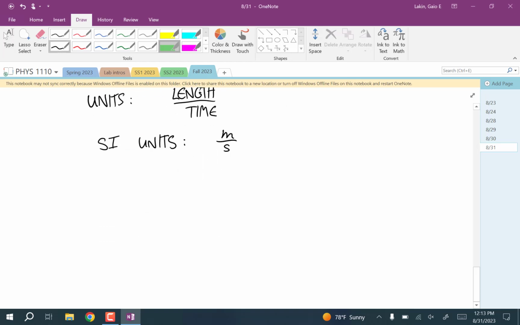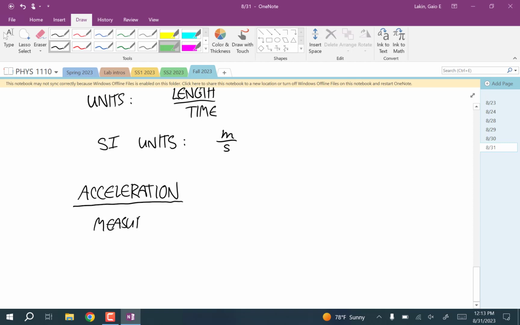Okay, so next we have to talk about acceleration. Velocity, I said, measured how quickly the position is changing. Acceleration measures how quickly the velocity is changing.